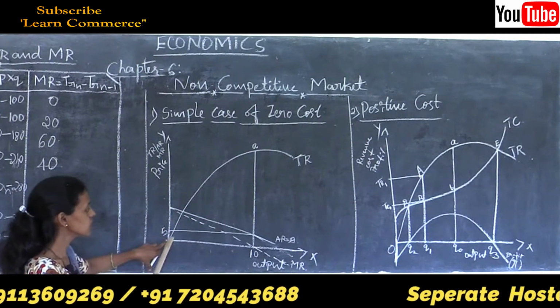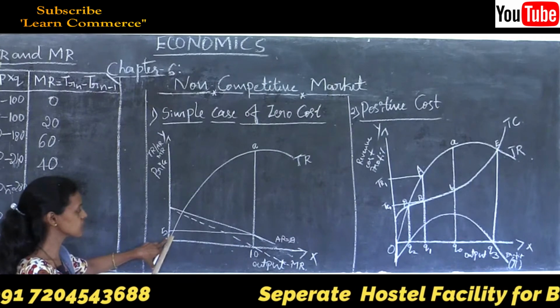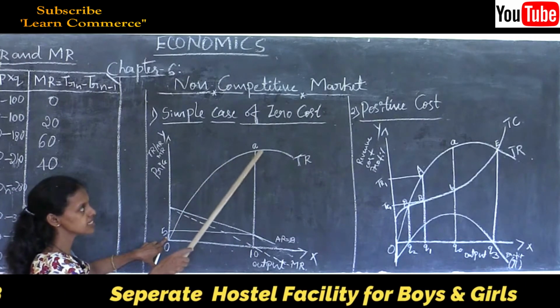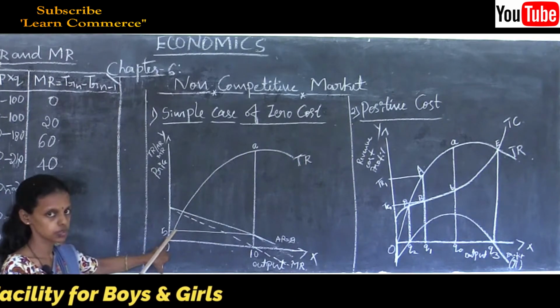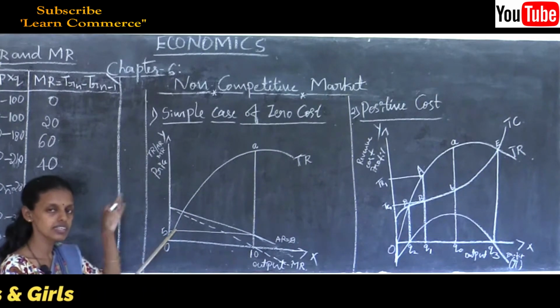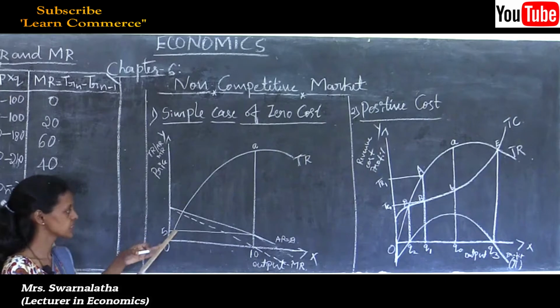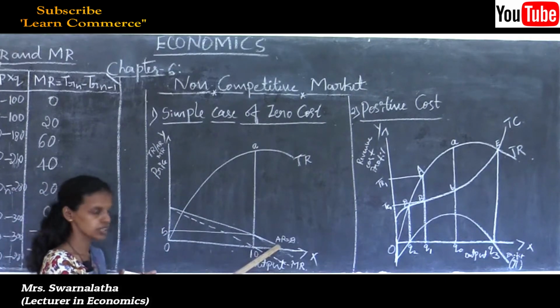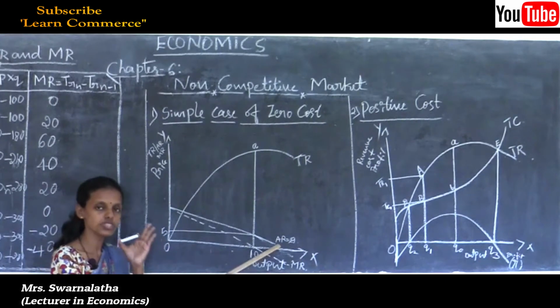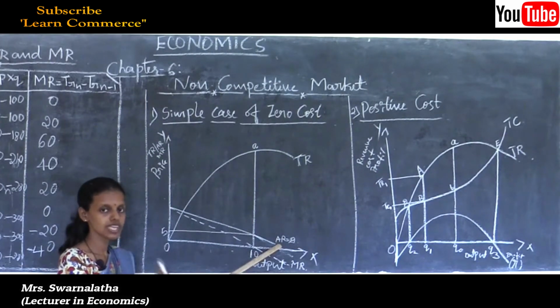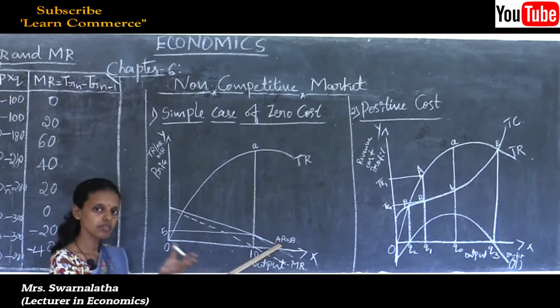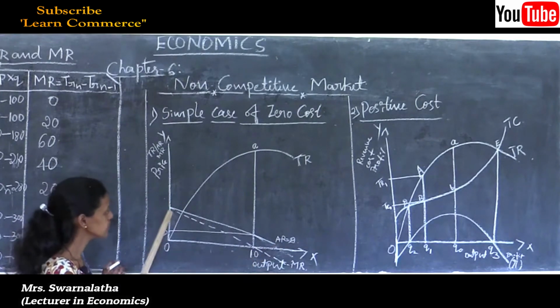As we see the rising part of the curve, what is here? TR is the total revenue curve. Total revenue is always increasing. AR is the average revenue curve of a firm. It is also said to be the demand curve of a firm.